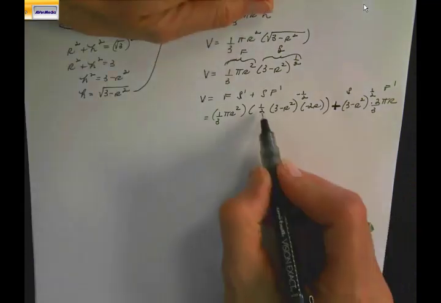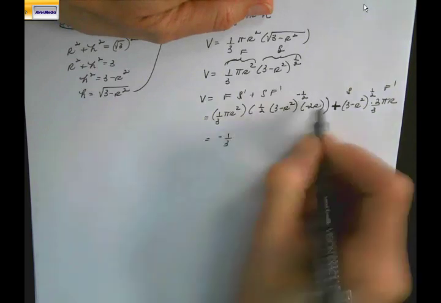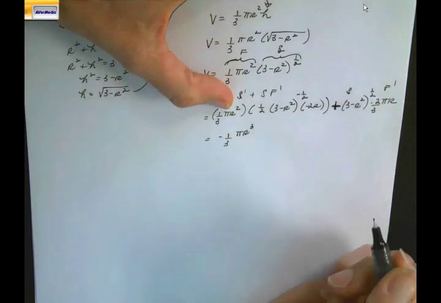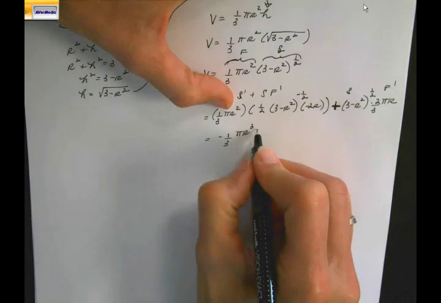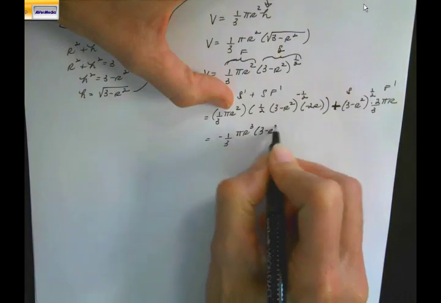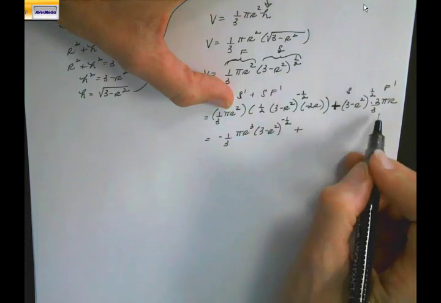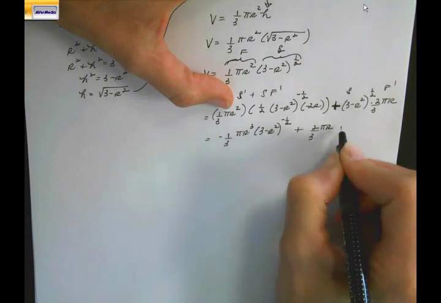What are you going to get? You're going to get a negative 1/3, right? And the 2's cancel. Your r times your r is r cubed, times 3 minus r squared to the negative 1/2. And over here you have 2/3 pi r times the square root of 3 minus r squared.